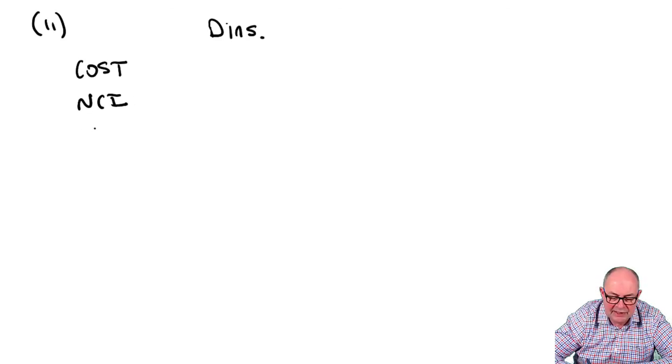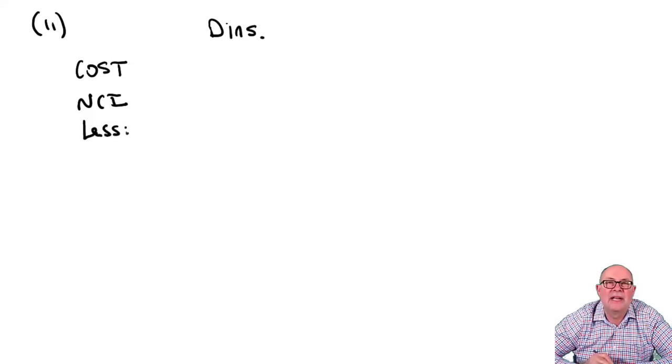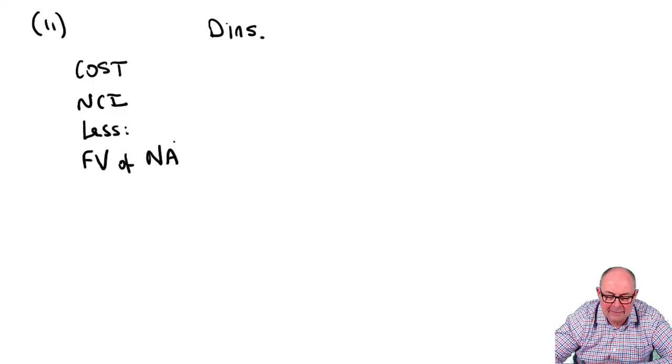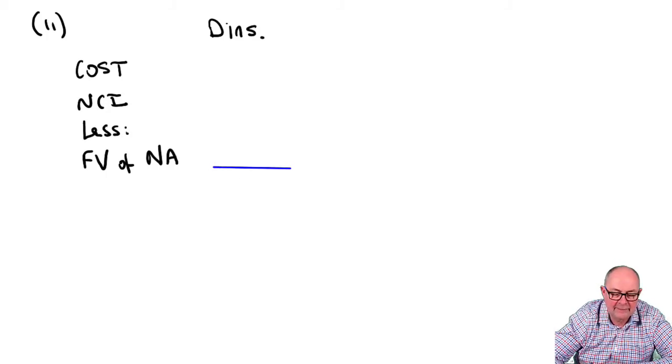So I've set down my dinars column. I'll just call them DINs. Standard goodwill calculation is cost plus NCI minus the net assets measured at fair value. So the fair value of the net assets acquired. There's my basic calculation.